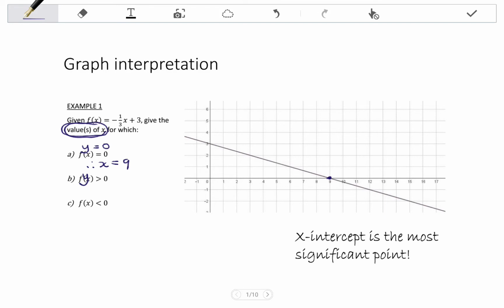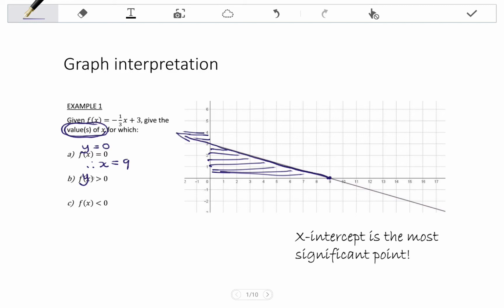Okay, so understand the question, then find that part of the graph that has positive y values. Find that part of the graph, and this part of the graph here, any point on this part of the line here, will give you a positive y coordinate. Okay, and remember that it carries on in that direction.